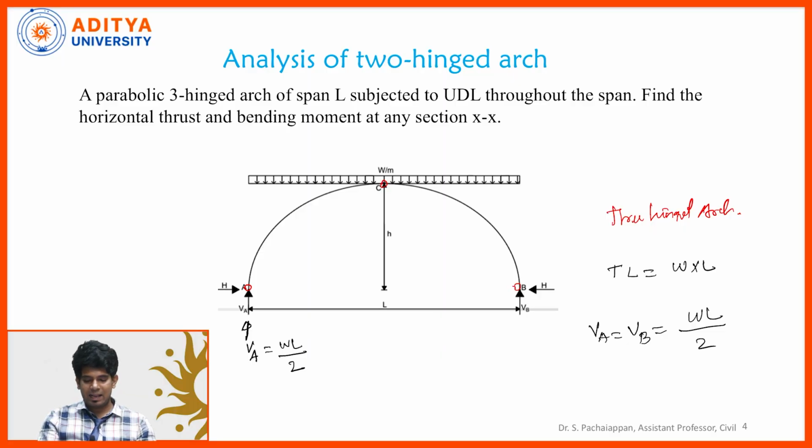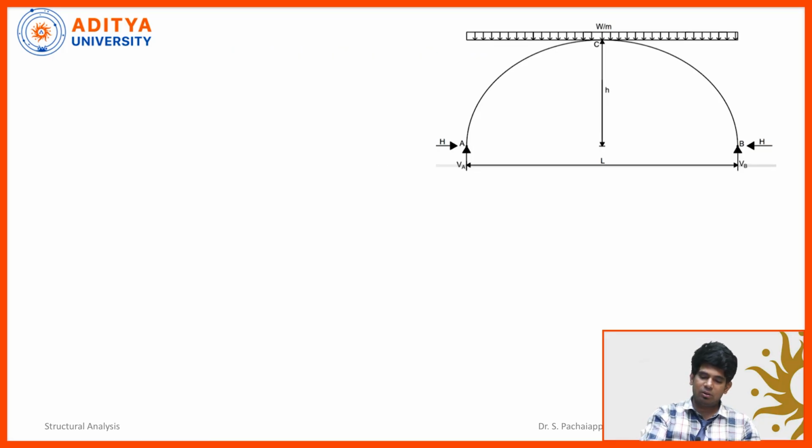Now I am supposed to calculate the horizontal thrust. For calculating the horizontal thrust, we just calculated the VA value, which is equal to WL by 2. Now we are going to take the moment at the crown.